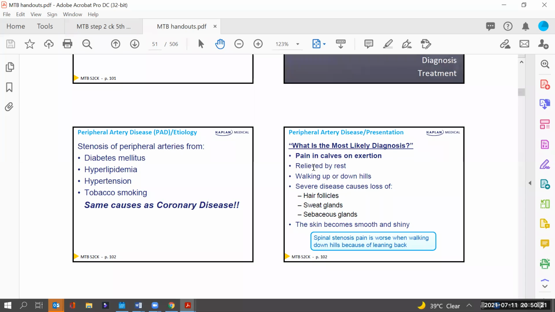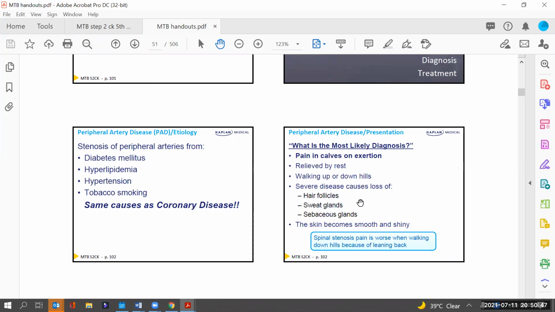Patients usually report claudication, pain in the calves on exertion, relieved by rest, because it's ischemia and it's reversible, worse when walking up or down hill. With the passage of time, when there is low blood supply, there will be no more hair follicles. The shin will be shiny, with no hairs over the tibia.